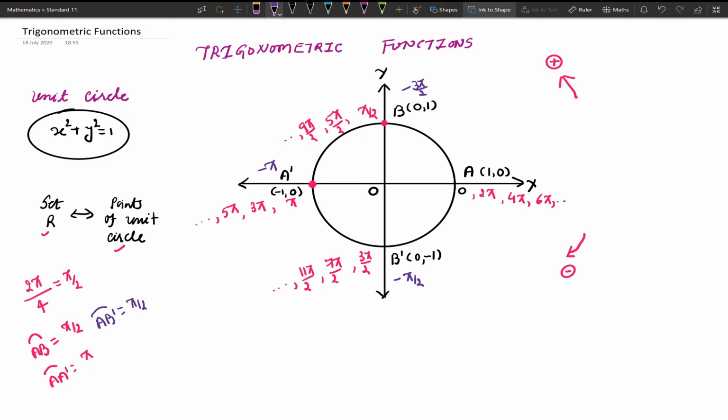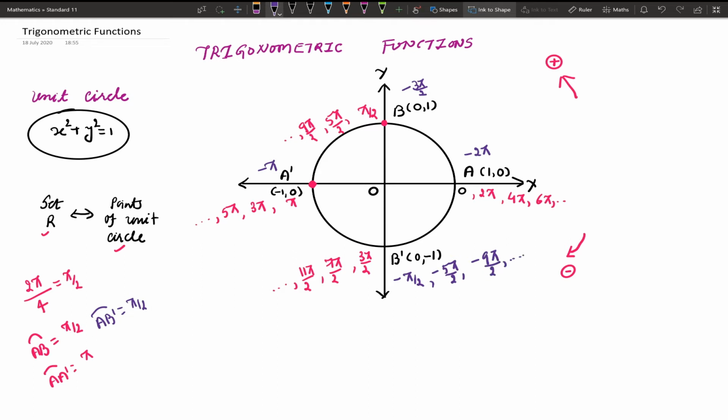In other words, we say real number 2 pi and the corresponding point is A, but since it is clockwise, minus 2 pi. So in this clockwise direction, if you start from B' and complete one round clockwise, then minus 5 pi by 2, and if you complete one more round, minus 9 pi by 2, etc.